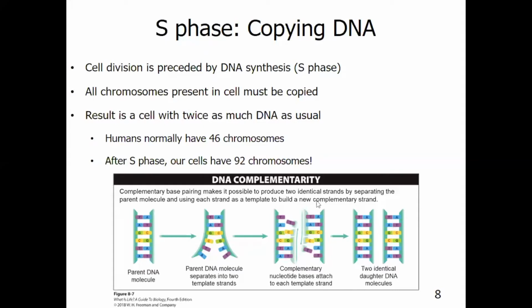The same thing happens in the opposite strand. The result is that we have two copies of DNA where we started with one copy, and each of these copies is identical. They're identical to each other, and they are identical to the DNA that we started with.